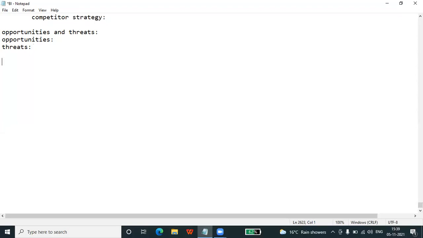Next, we will do organizational analysis. After John has identified the opportunities and threats of the market, he can try to figure out what Alex Systems' strengths and weaknesses are by doing an organization analysis. So in this we have internal analysis and competence analysis.